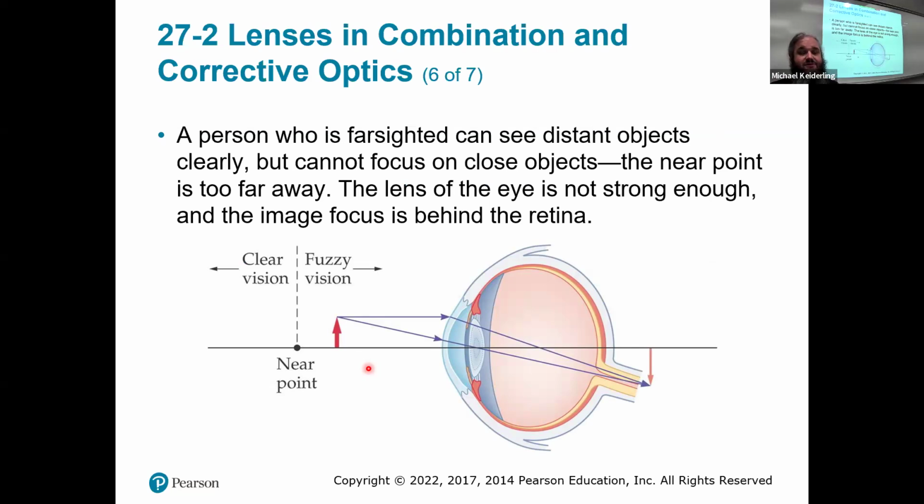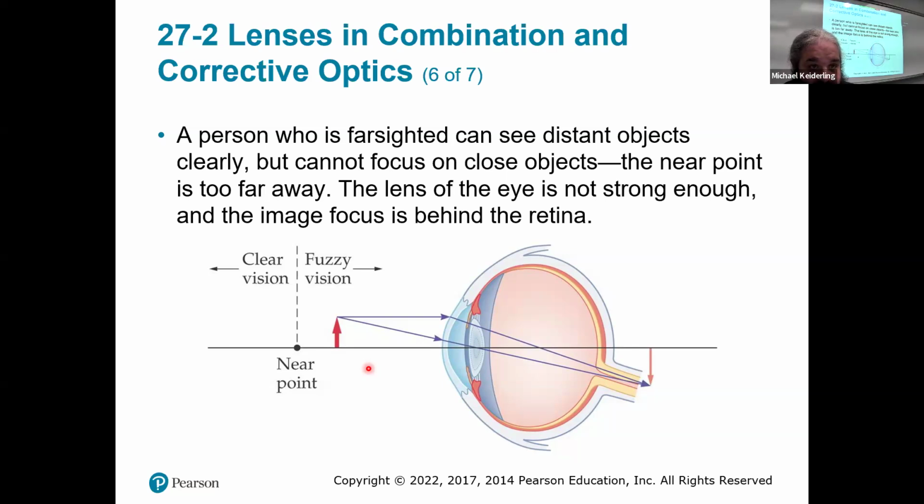For farsightedness, a person who's farsighted can see distant objects clearly, but can't focus on close objects. The near point is too far away. And the lens of the eye is not strong enough, and the image focuses behind the retina. This happens as you get older. Your lens gets stiffer, your muscles get weaker. It's harder to bring it into shape to focus on the near point.